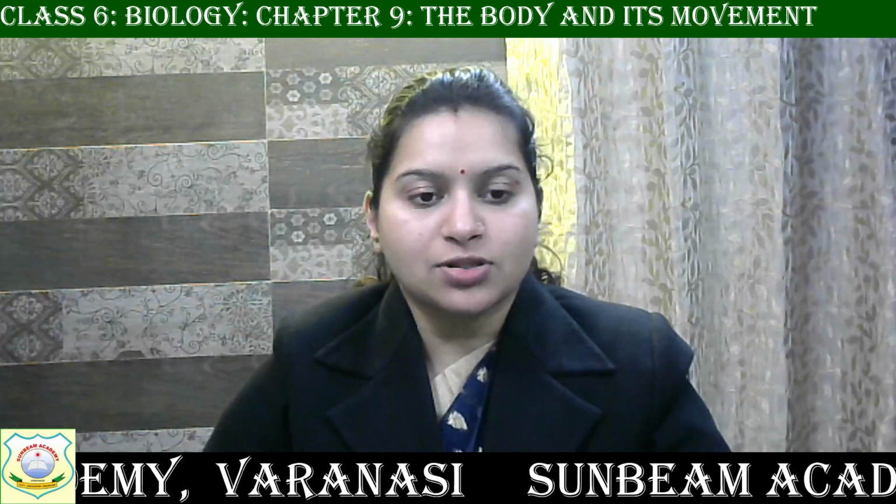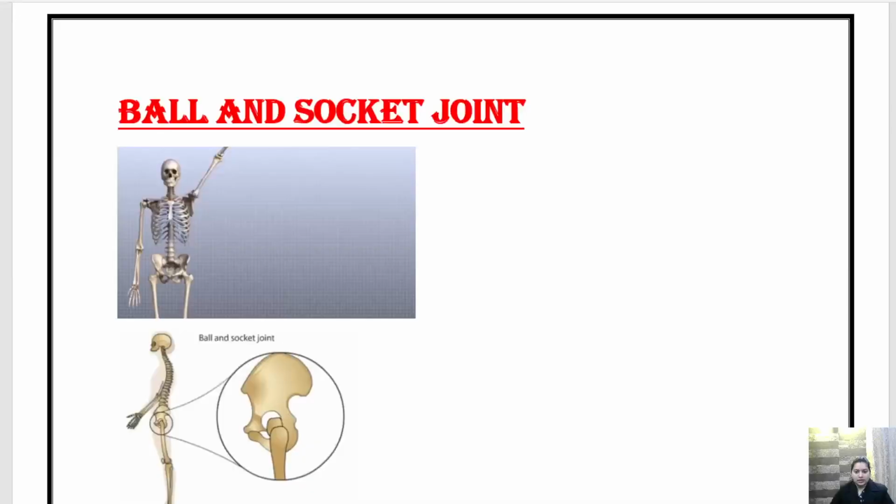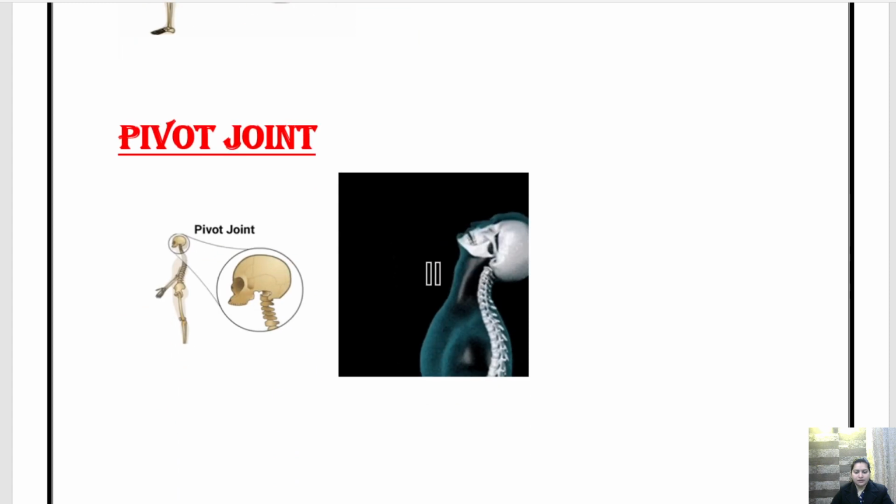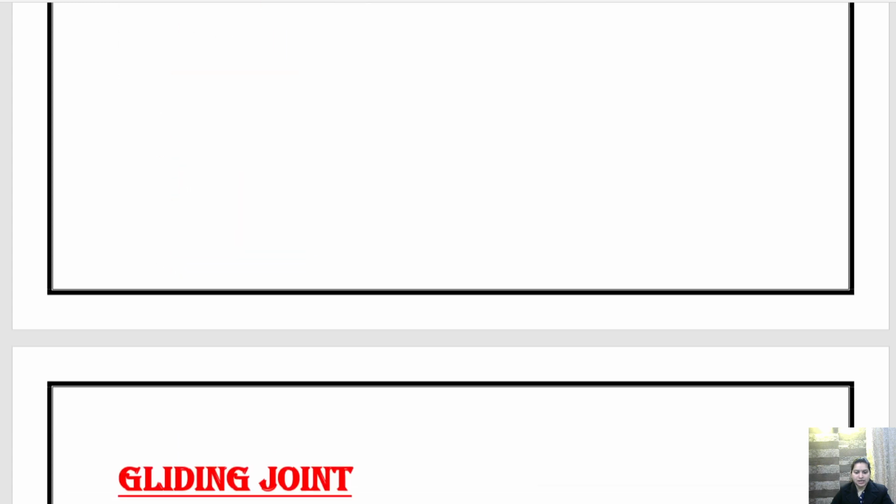Okay, so I'll again explain you this in the next class. Okay, and then we'll also see how other animals move. Then we have pivot joint present in neck.